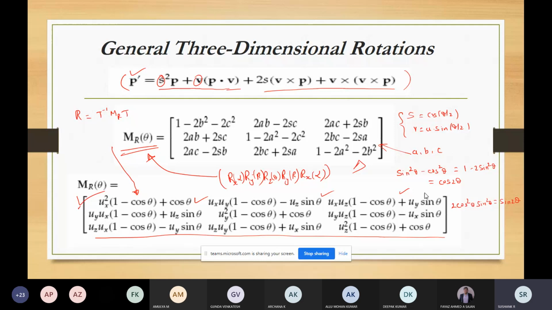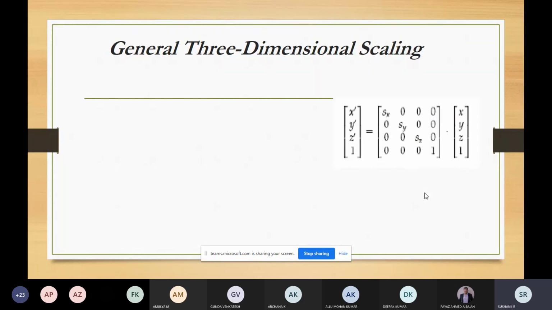Now we have completed rotation and translation. The next part is scaling. What is scaling? By performing scaling, you can increase or decrease the size of an object.